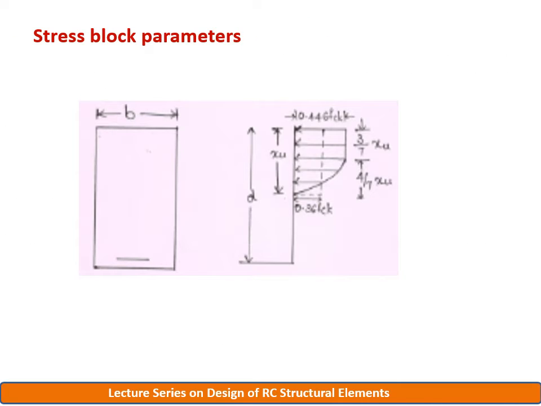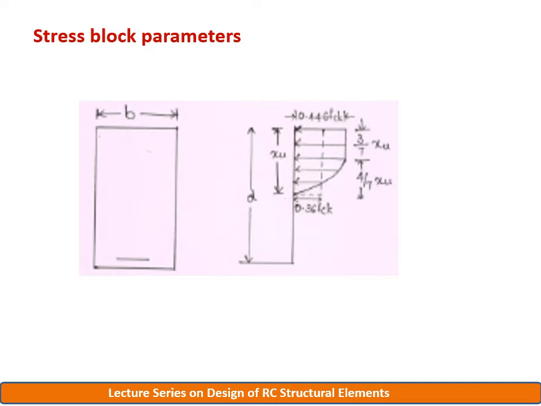Now let's start with the stress block parameters. What exactly is this stress block parameter and how do we find it? Here we can say that the diagram showing the distribution of compressive stress in concrete across the depth of the neutral axis, that is across the XU value, the depth of neutral axis of the section, is termed as stress block.